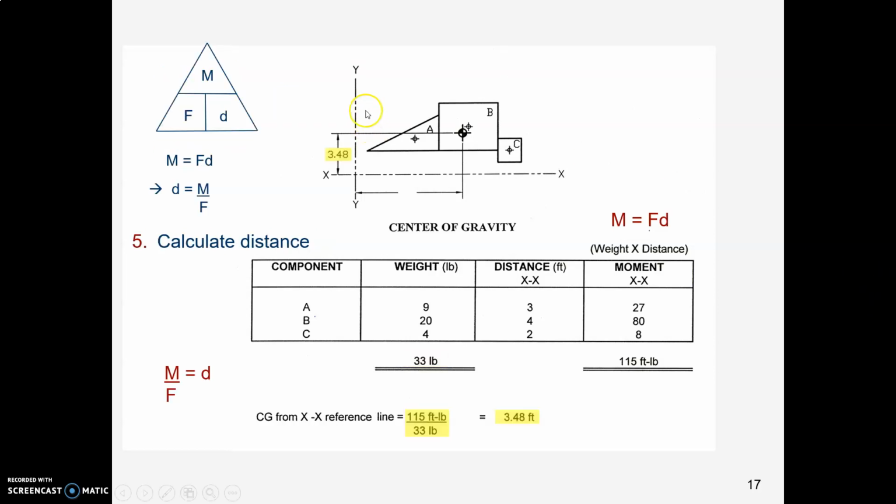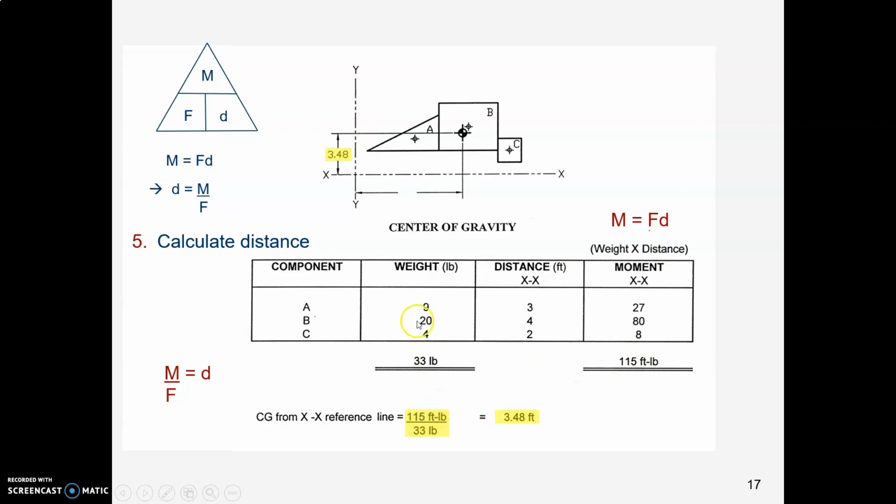Okay. And now, since we're looking for distance, let's rearrange the terms in our moment equation as we did last time. Either using the triangle or just good old algebra, we'll get distance equals moment divided by force. Here's our total moment that we added up, 115 foot-pounds.